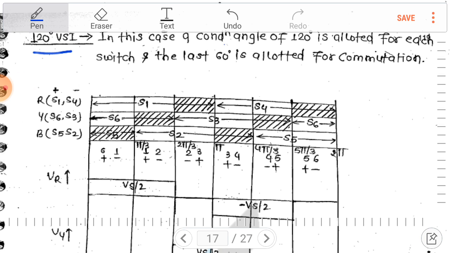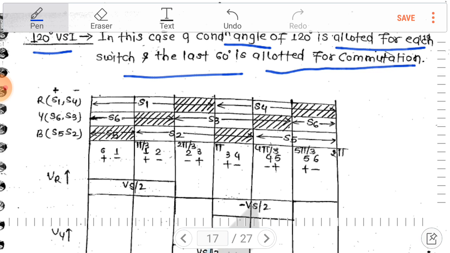In this case, a conduction angle of 120 degrees is allotted for each switch, and the last 60 degrees is allotted for commutation where no switch is turned on. Like this, in R phase, S1 is turned on only for 120 degrees and the rest of the time is commutation.